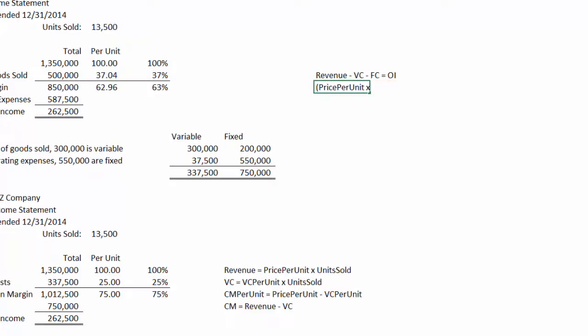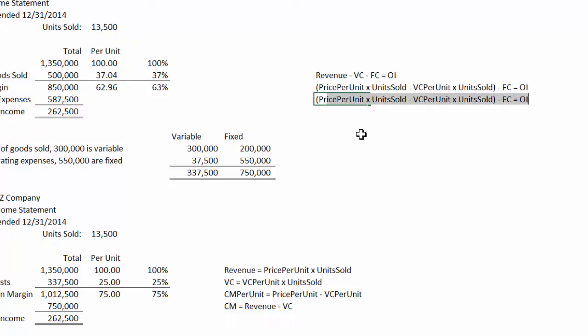If I put parentheses here, and I put parentheses here, then you can see that we've got inside parentheses price per unit times units sold minus variable cost per unit times units sold, which we can rearrange to be price per unit minus variable cost per unit times units sold, and then take that quantity minus fixed cost, and we have operating income. So that's exactly the same as the statement above it.